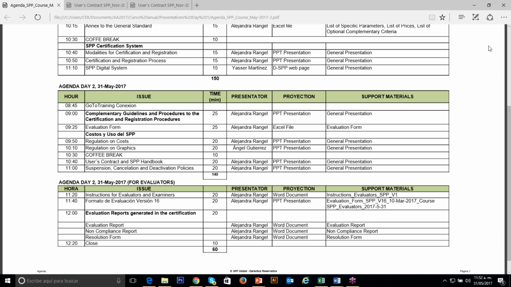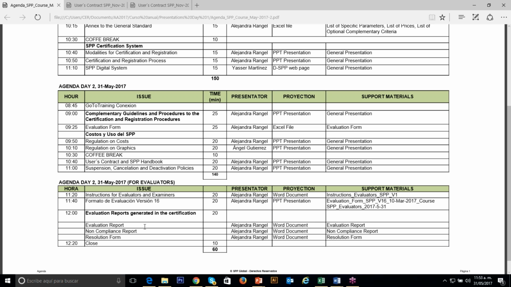And another piece of information is that in the agenda, at the end of the second day, the second table, I had the evaluation report, the non-compliance report, and the resolution form. These are the formats that are used when you conduct a certification process, when you conduct an evaluation.